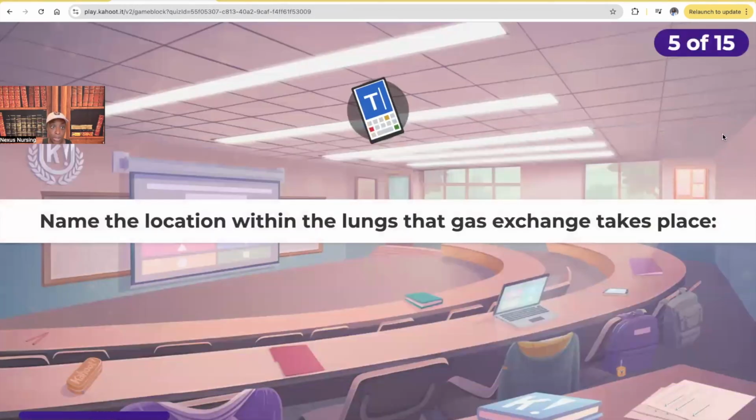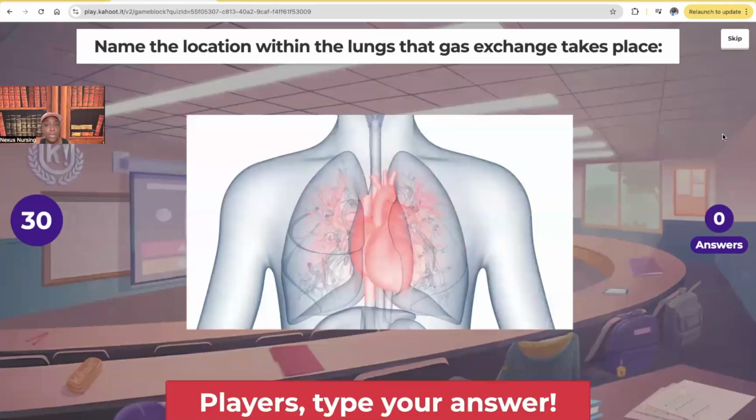All right, type in your answer. Name the location within the lungs that gas exchange takes place.